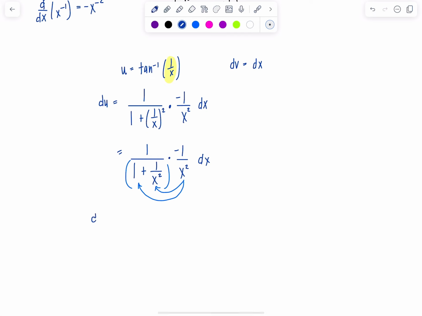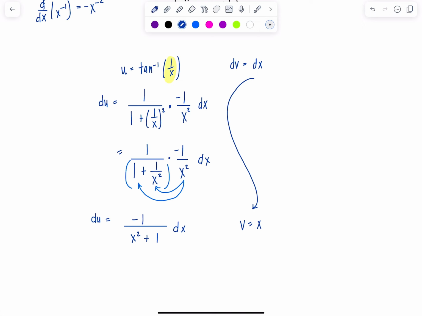And so we can just finally write du equals negative 1 in the numerator over x squared plus 1 dx, right? Good. All of that just to find du, but don't worry, it's going to be worth it. And then if dv is dx, that means v is just x.